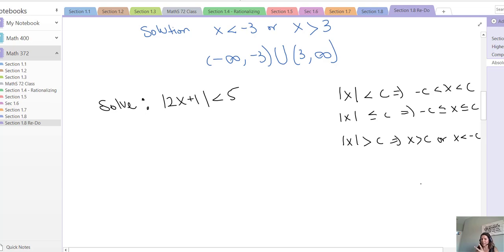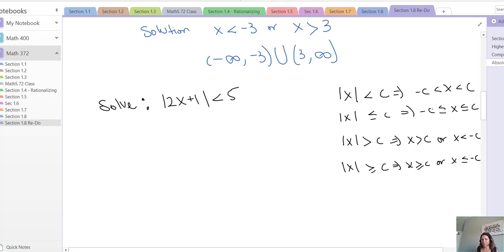So when you do the negative case for absolute value, you have to flip the sign. And if you have the equals, it's the same thing, just with the equals. So either x is greater than or equal to c, or x is less than or equal to -c. So for absolute value, just like with equations, you have two cases. It's just that for an inequality, it's a little bit different when you do that second case.